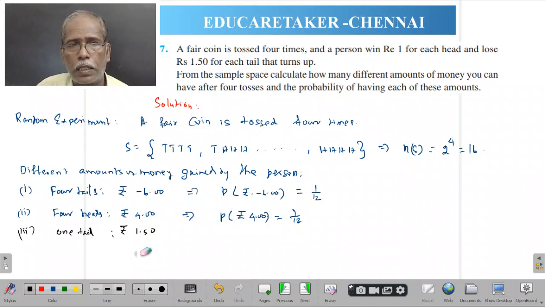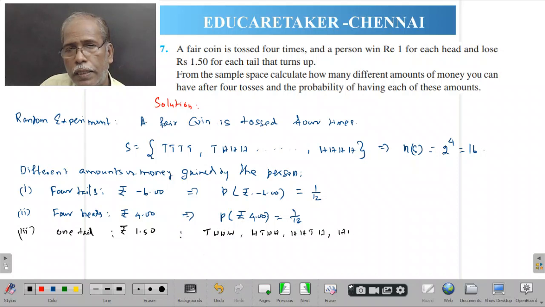What are the events in favor of one tail and 3 heads? The first one tail with the remaining heads, or the second, or the third, or the fourth one tail. How many possibilities? 4 possibilities.